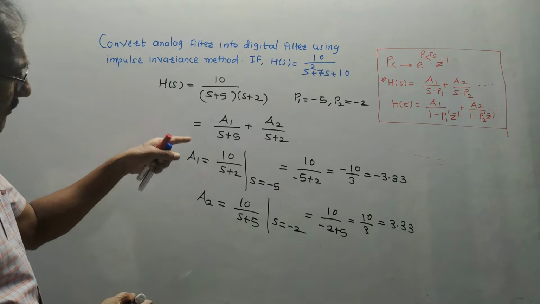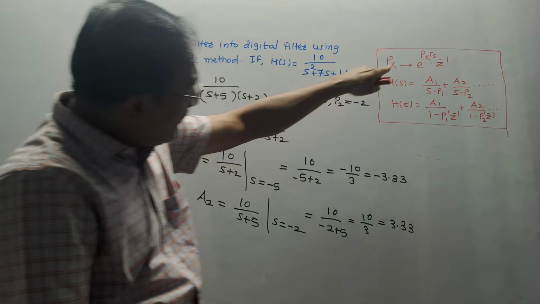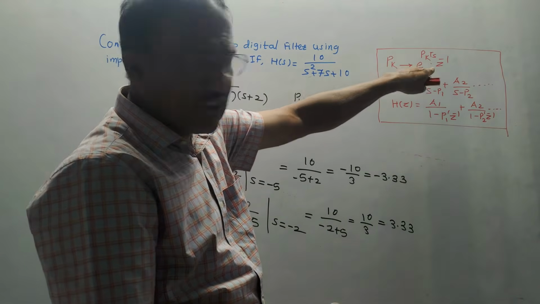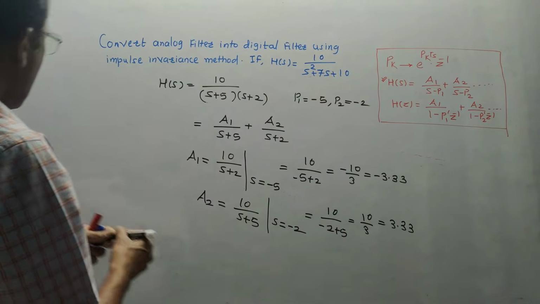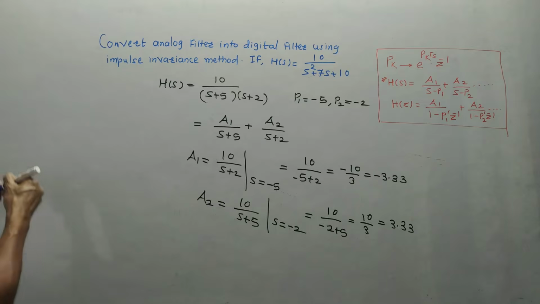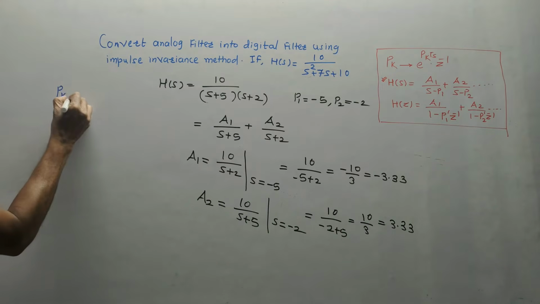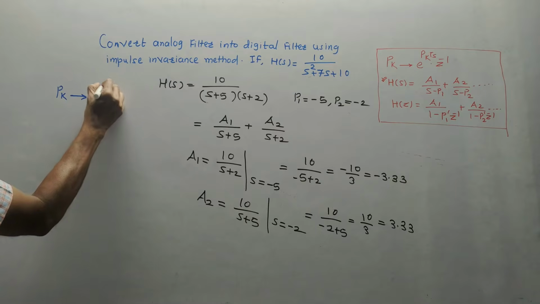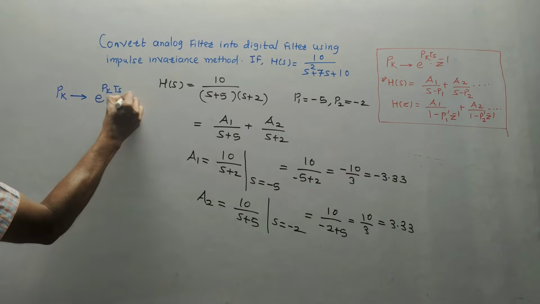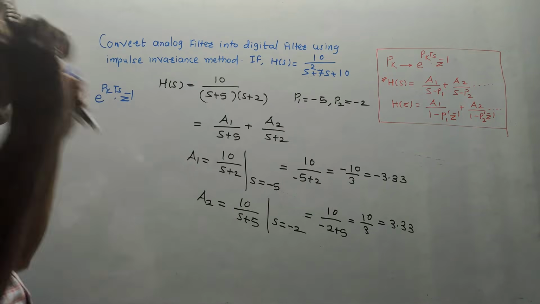Now we simply have to make use of the same formula to make the transformation into the digital domain. So I will write the formula over here. The formula is: Pk is transformed into e raised to Pk Ts into z raised to minus 1. Now, a very important part.